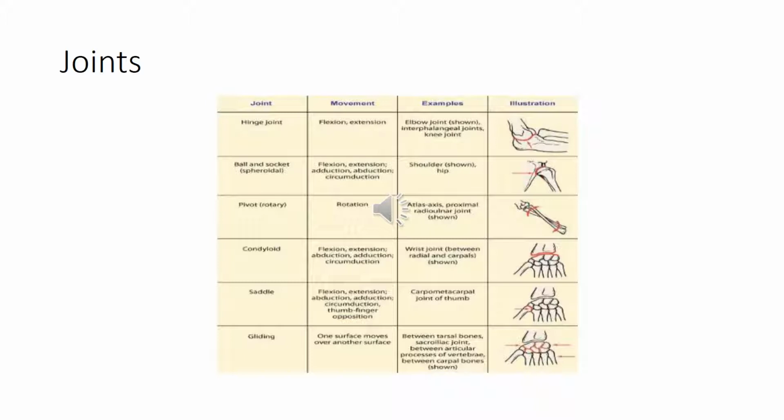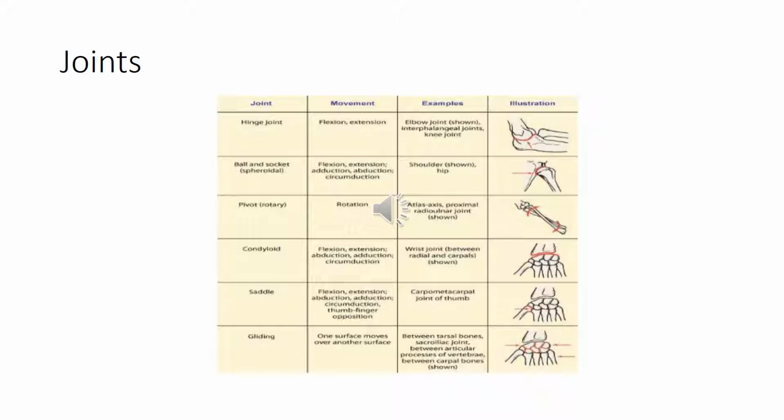It talks about the different joints, and basically they're just named because of how they move. Also, on page 1491 of your book, there's another picture of joints in relation to the skeleton.